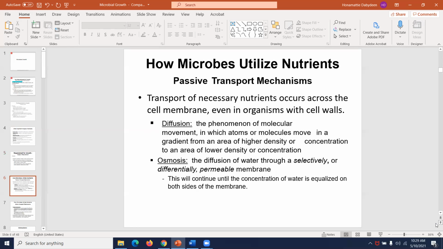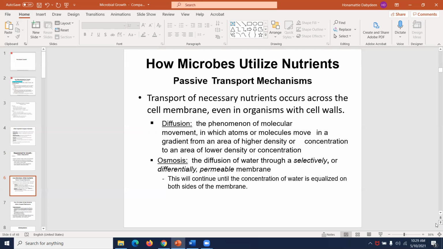Now, here we have all the elements that we need that are required in the food supply or environmental supply.